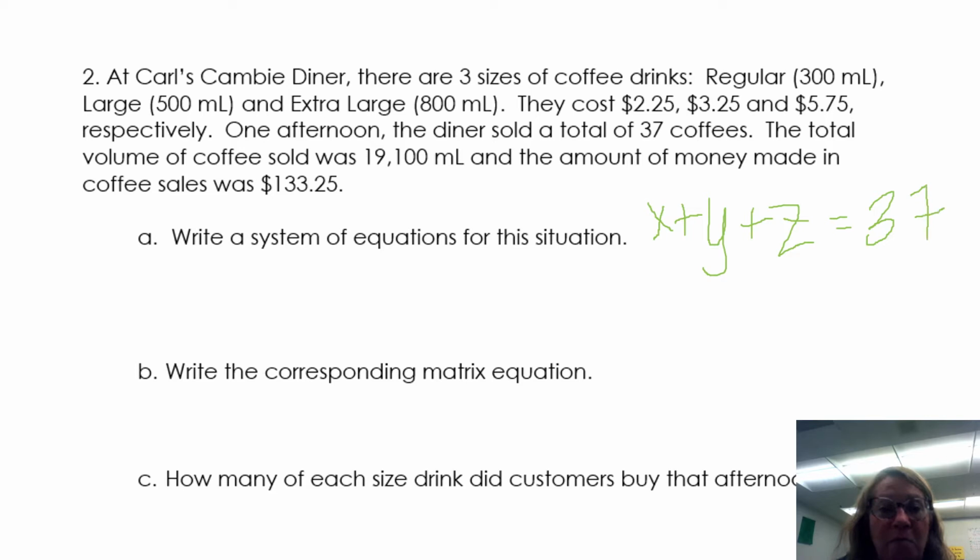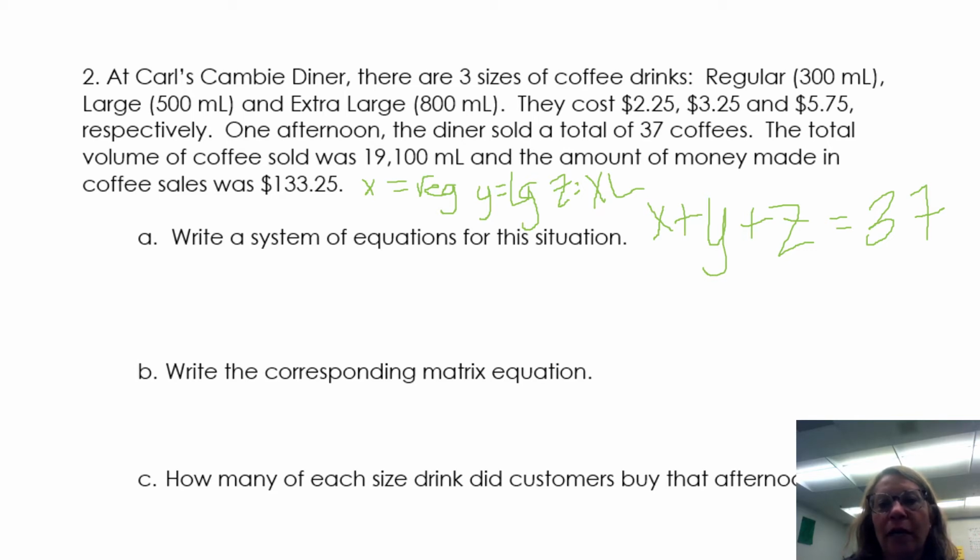I'm going to define x as representing how many regular coffees we sold. Y is going to represent our large, and Z is going to represent our extra large coffees. So that's how many of each. We sold a total of 37, and that's equation 1.